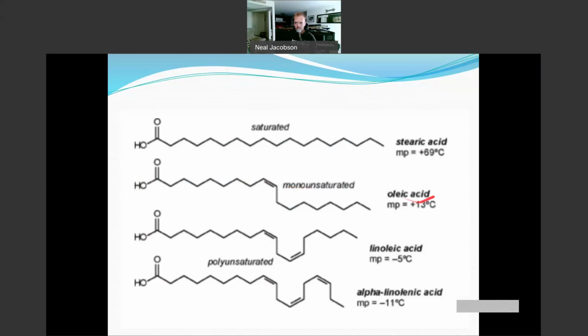Add another kink in the tail, and it drops by another 20 degrees. Holy cow. So all these kinks in the tail make it become liquid at a much lower temperature, until you get to something like olive oil, a polyunsaturated fat, whose melting point is below freezing. So you can put this stuff in a freezer and it won't freeze. Something to think about. And it's because of those kinks in the hydrocarbon tail.